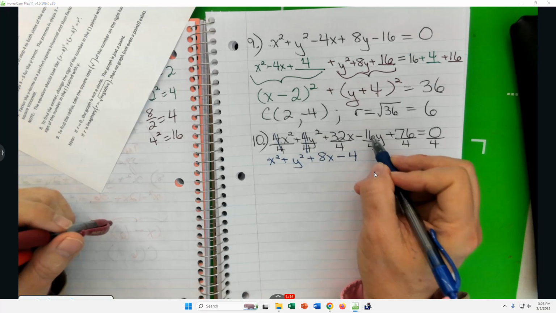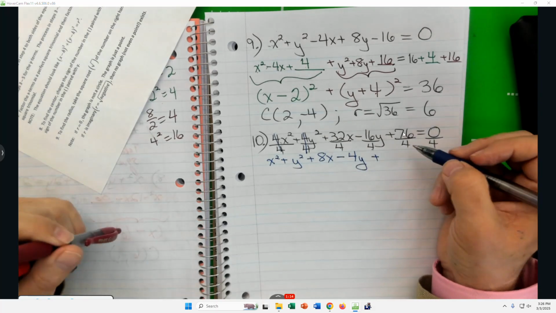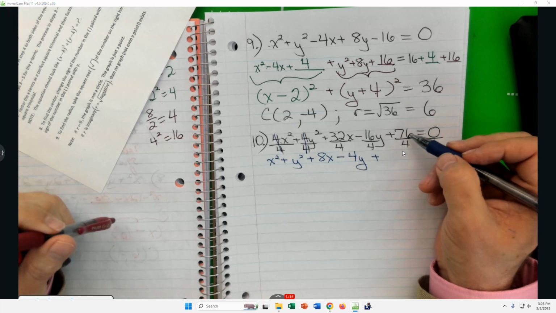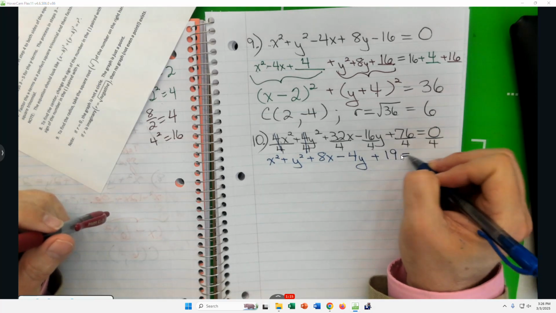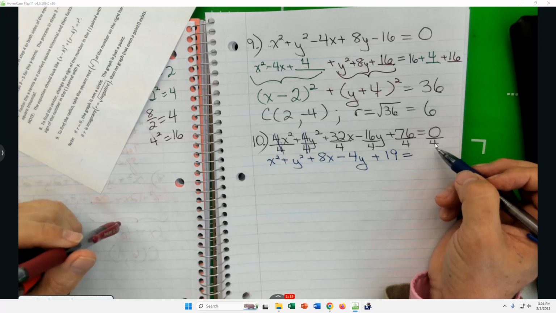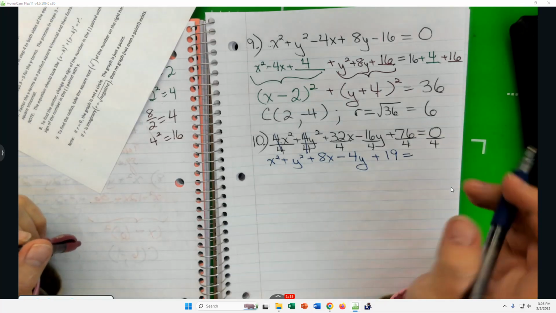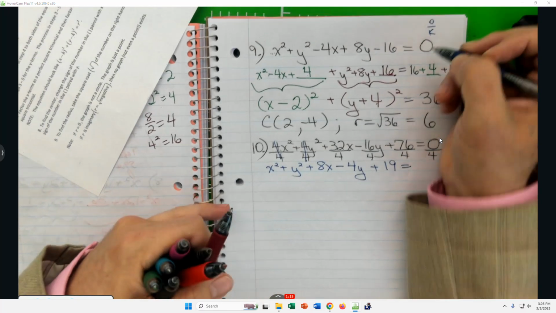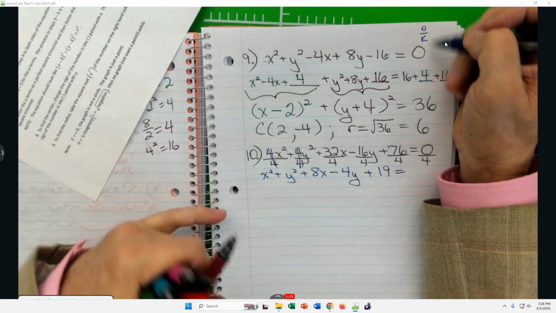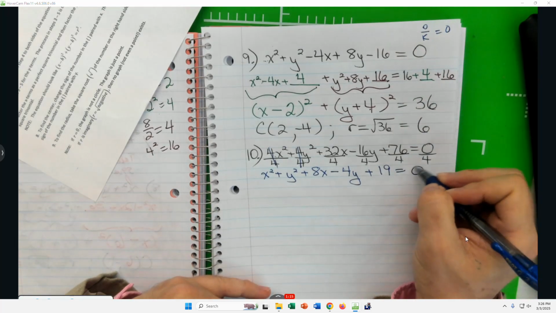Okay, 16 divided by 4 is 4y plus, is that 19? 76 divided by 4 is 19 equals 0 divided by 4. I always have someone say undefined here. No. Remember, 0 divided by a non-zero constant k, that's okay. That's equal to 0. 0 divided by 4 is 0.